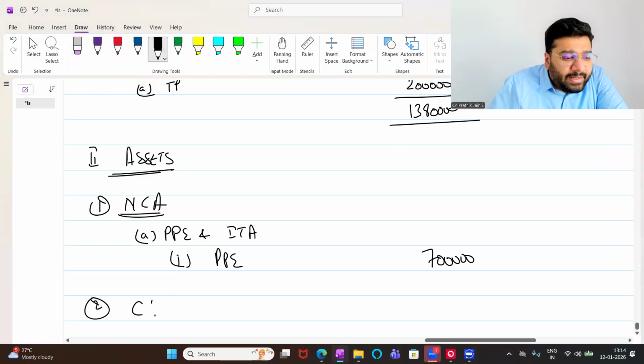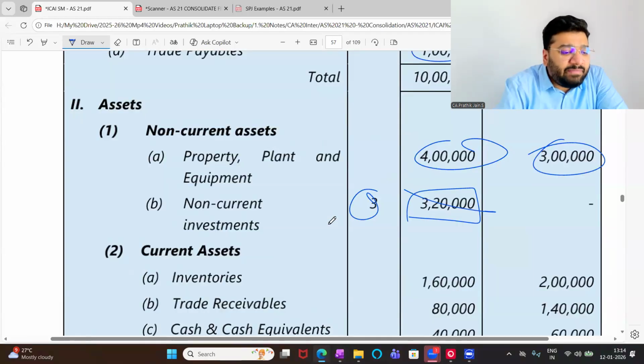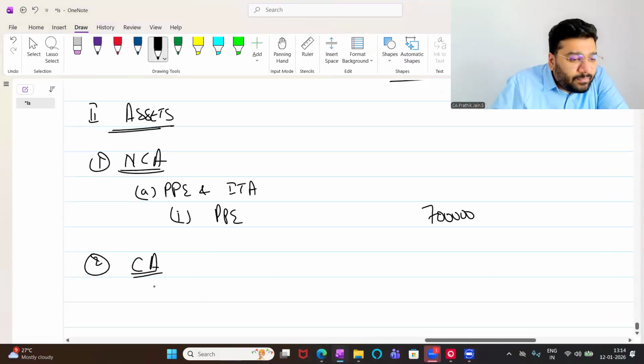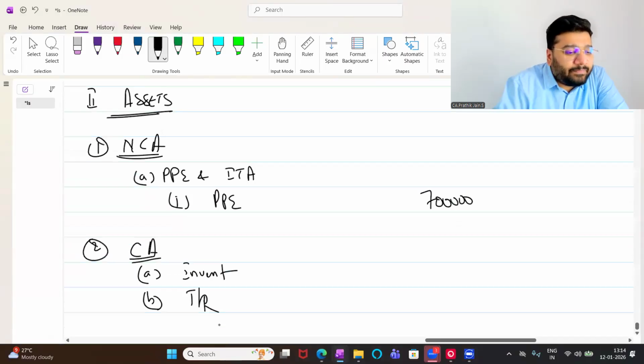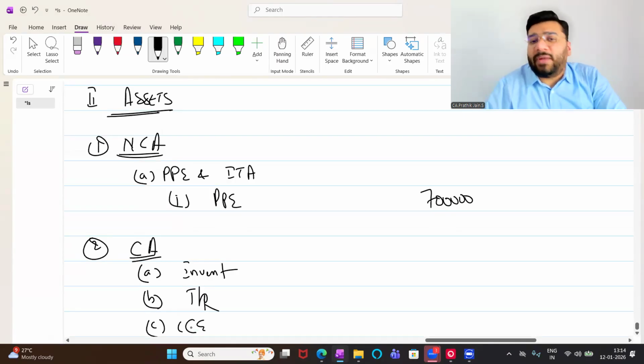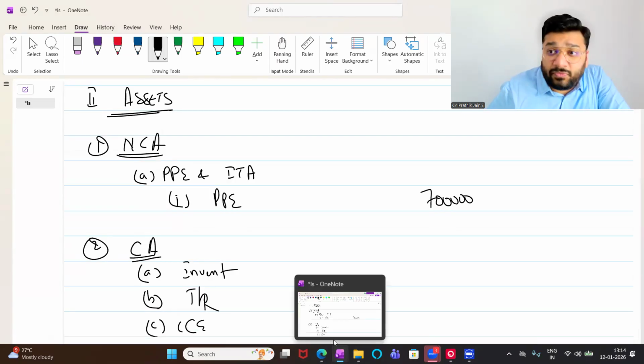2 is current assets. In current assets, we have 3 items: inventories, trade receivables, and cash and cash equivalents. Can you write short form like how I write in exam? Not required. No, we have to write full form only.